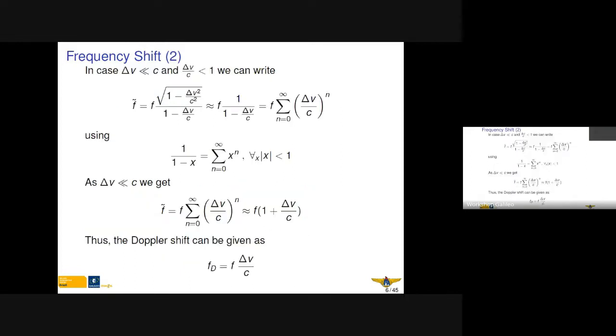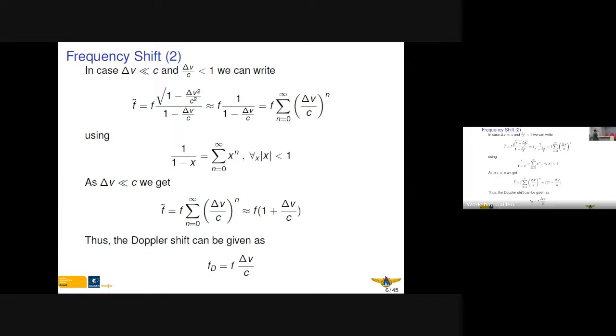Yeah, in case delta V is much, much smaller than c, this is our case, and delta V divided by c is even smaller than 1, we can write now that F tilde is equivalent to F times, so this is from the previous slide, and this can be now approximated as delta V is much, much smaller than c by 1 divided by 1 minus delta V divided by c.